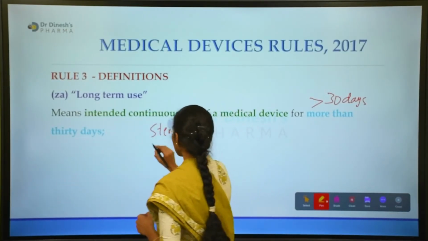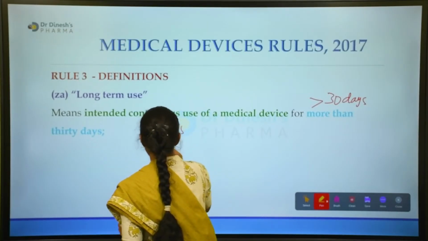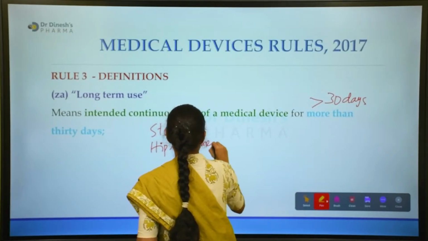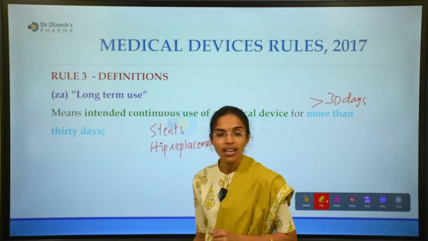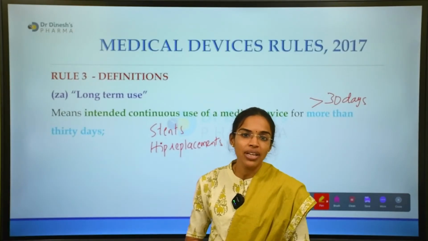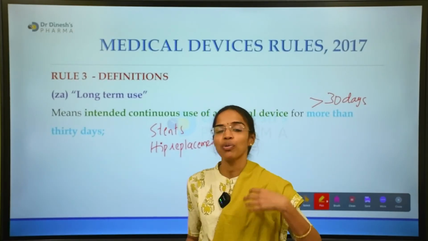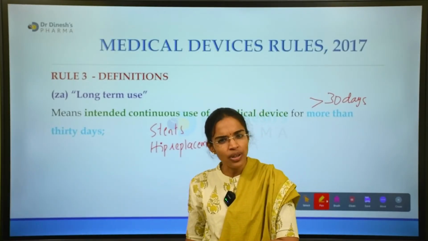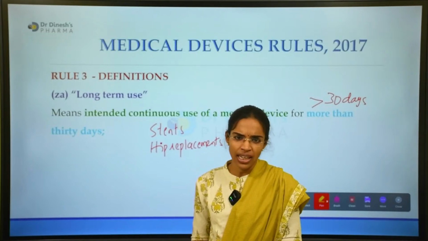Examples will be the stents, the replacements, yes, the hip and the bone replacements. Sometimes the catheters, the central venous catheters, are used for a prolonged period. Even if it is 31 days, it is a long-term medical use, right?